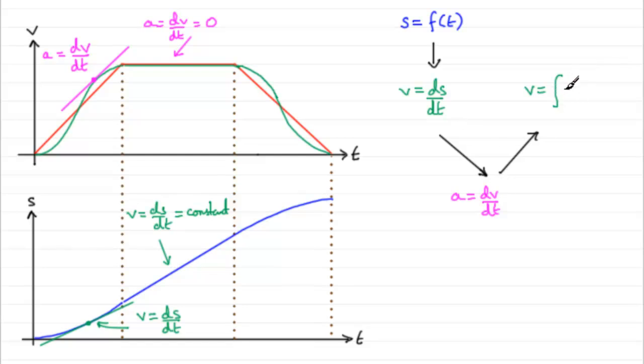So you integrate the acceleration with respect to time. And similarly, if you want to get back to your displacement equation, s, you can integrate the velocity equation. So in other words, s will be equal to the integral of the velocity equation with respect to time.